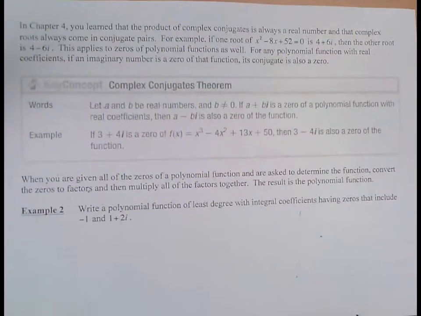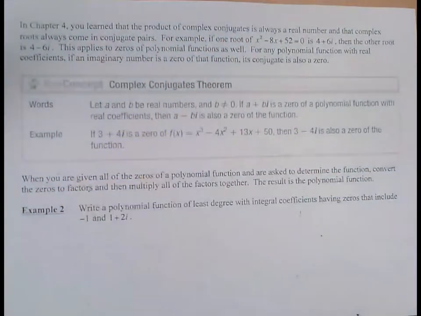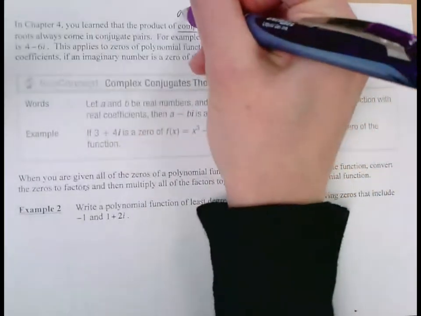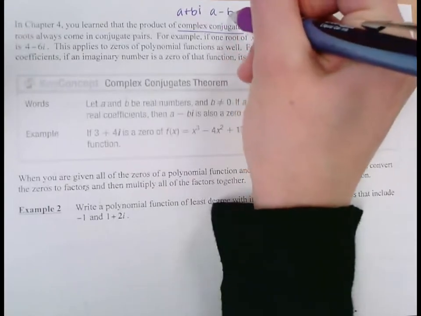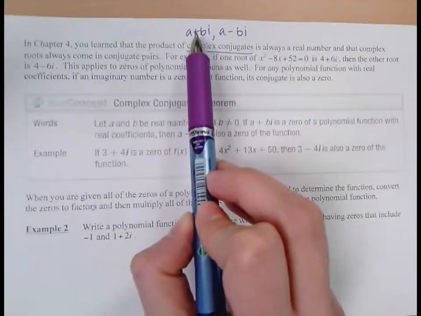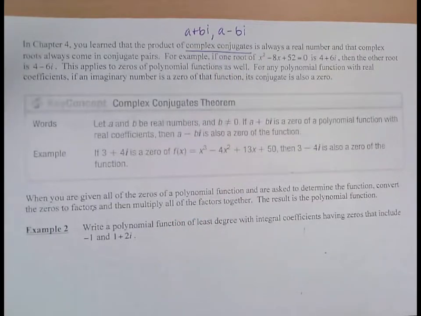It says in chapter 4, you learned the product of complex conjugates. So complex conjugates would be a plus bi and a minus bi. So when one is a sum and one is a difference, so they're not total opposites, it's just that middle operation is either a plus or a minus. It's just a switch.